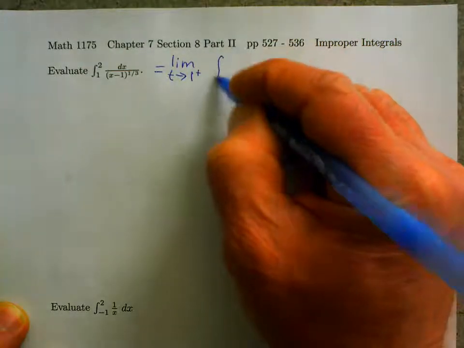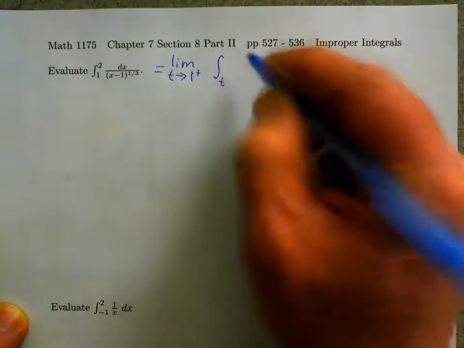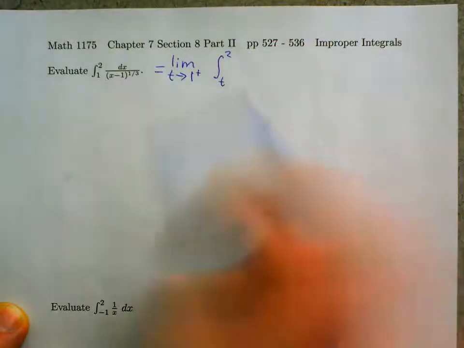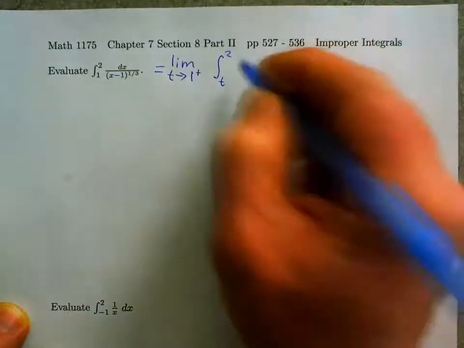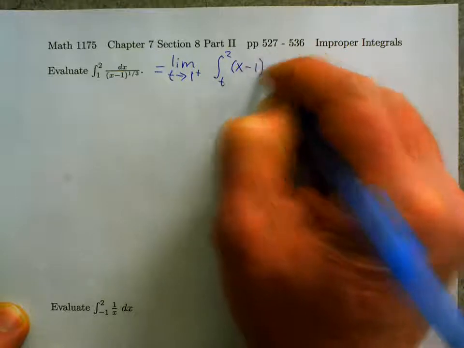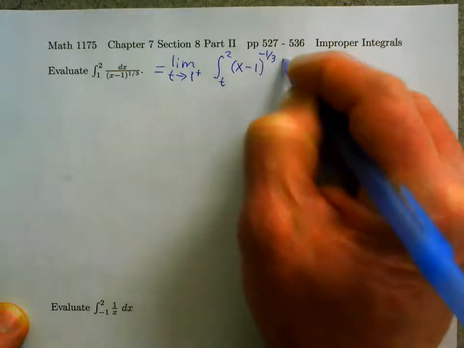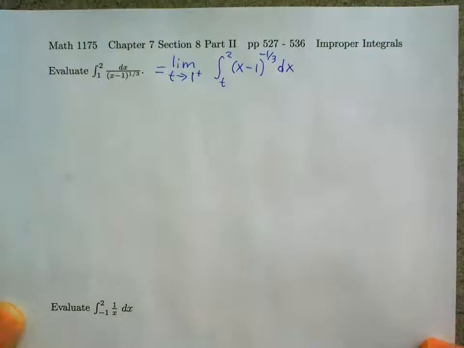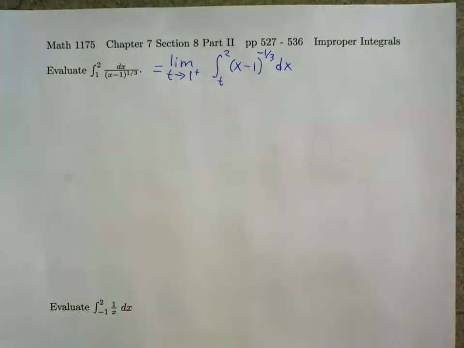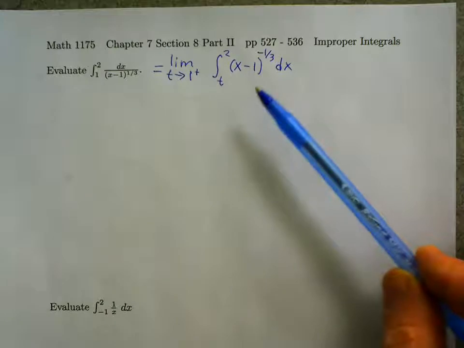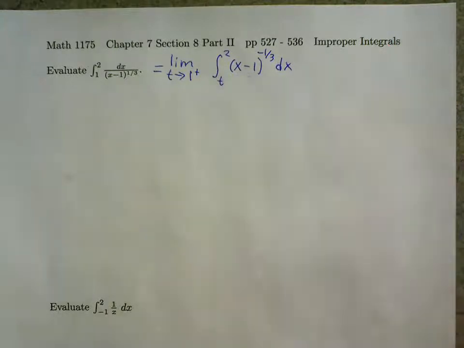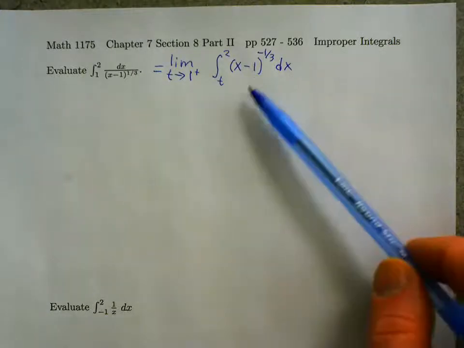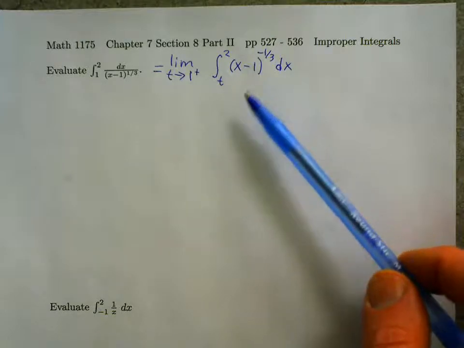And then we write a definite integral from t to 2. I'm going to rewrite 1 over x minus 1 to the 1/3 as x minus 1 to the negative 1/3 dx. We could use a u substitution, but it's really not necessary, because if u is x minus 1, then du is just dx. So we can integrate directly without applying the substitution rule.